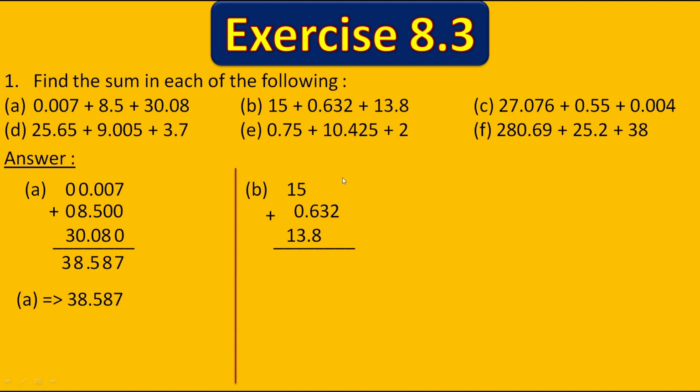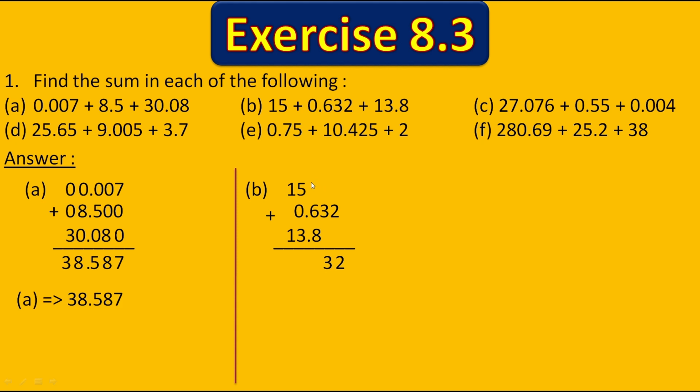Now we have to start from this side. Okay, so here in the first number we don't have anything on hundredths place, means there is a 0. Okay, 0 plus 2 plus here again 0, so it will give you 2 as the answer. Next we have again 0 plus 3 plus 0 will give you 3. Now we don't have anything on tenth place, so we will consider here 0.